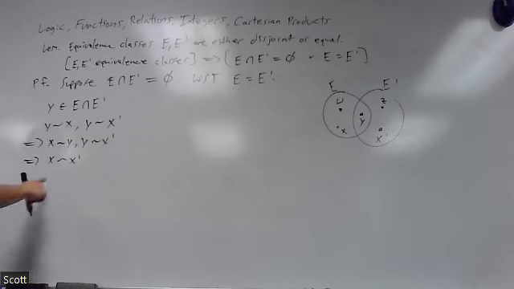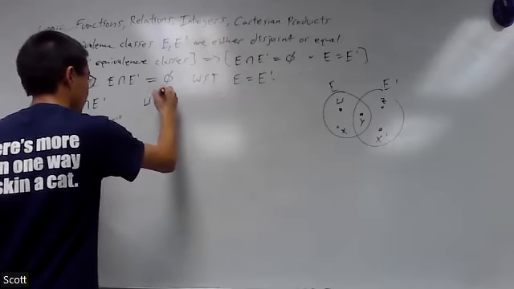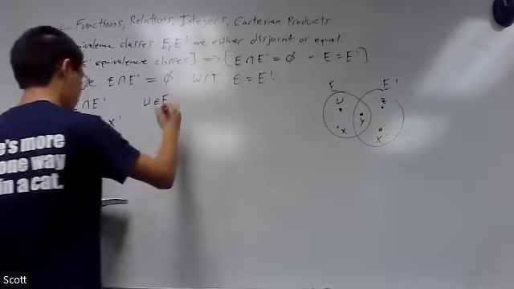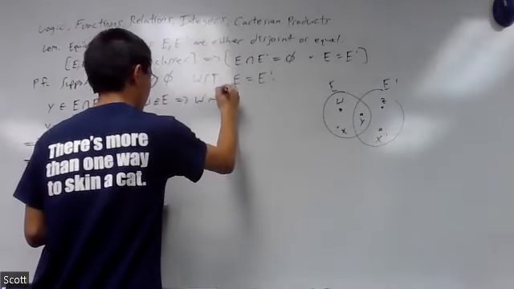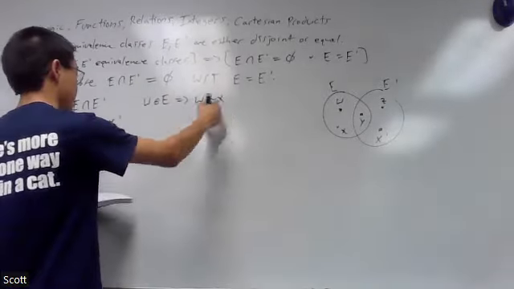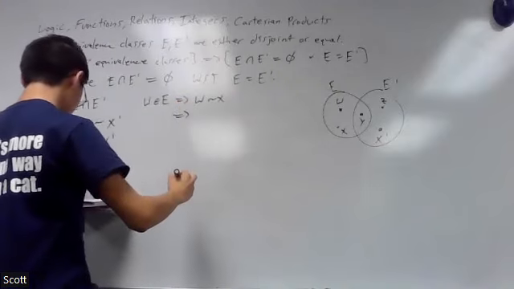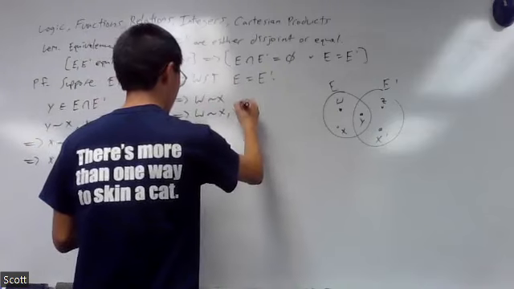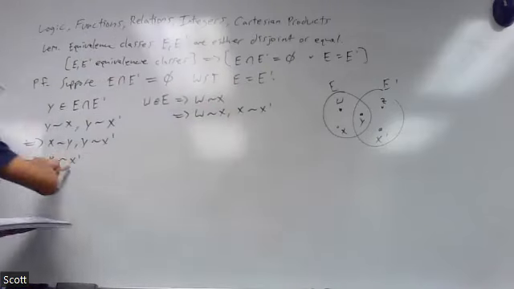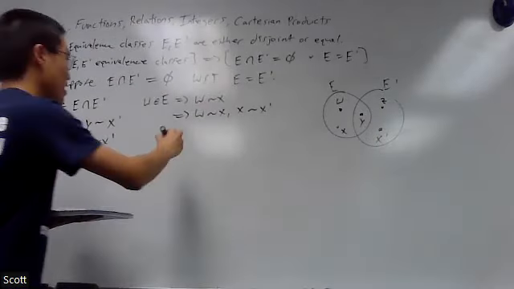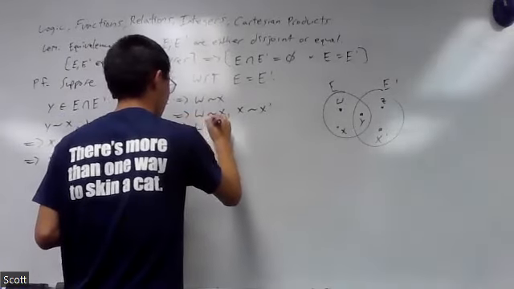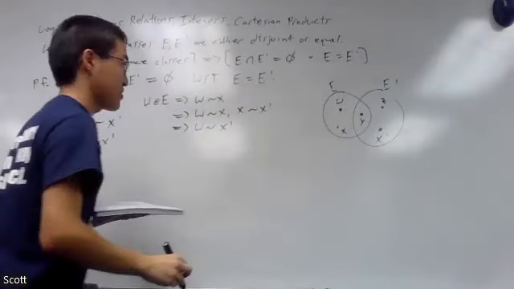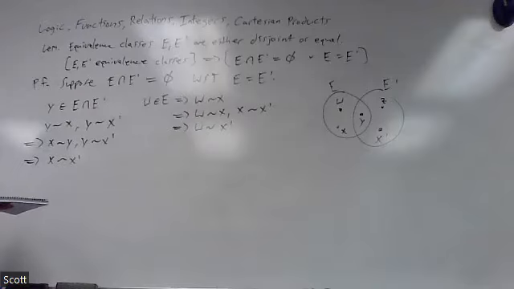Then if we have this other point W, since W is in E, that gives W relating to X. But we also have X relating to X prime from over here. So now W is relating to X prime, which puts W in E prime.